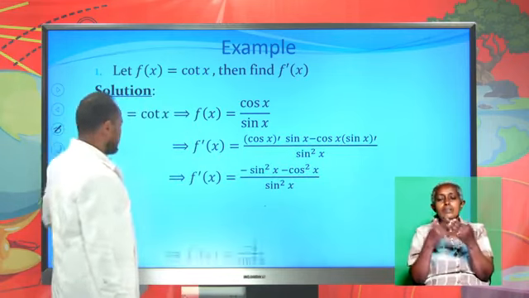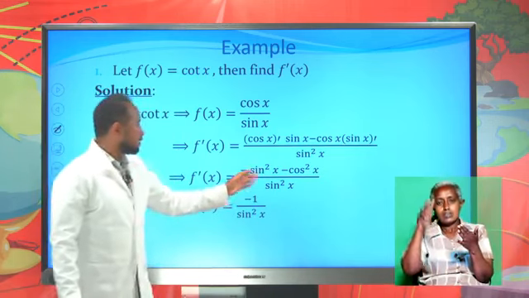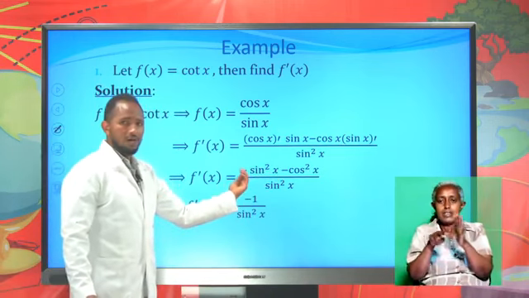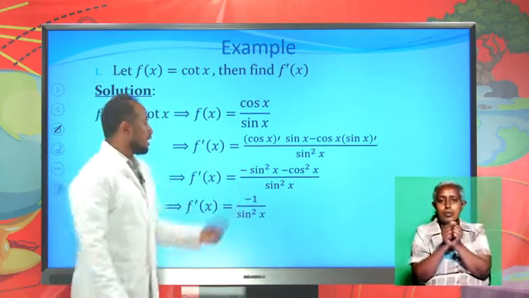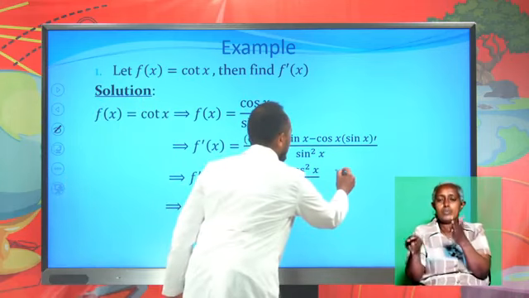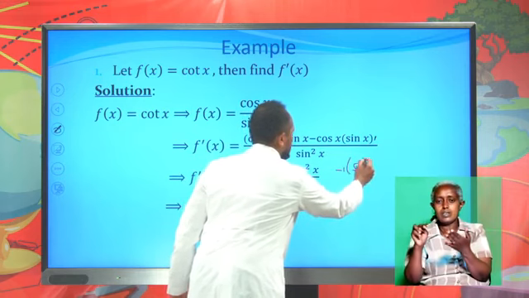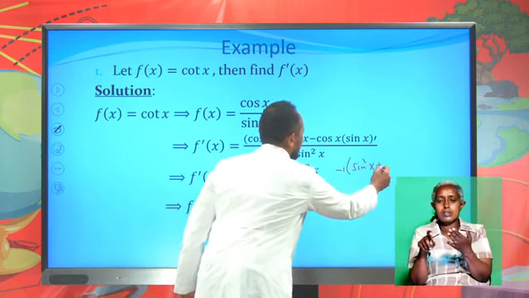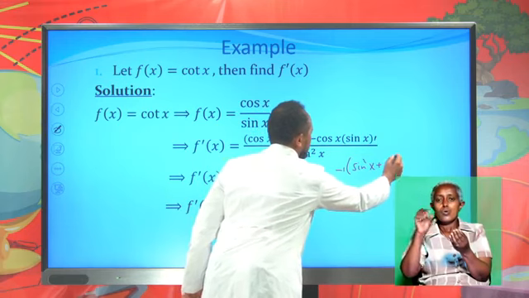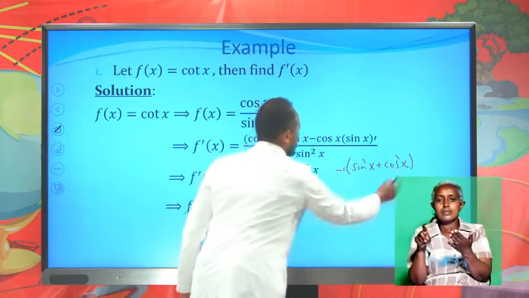Taking negative 1 outside as a common factor, you can write this as negative 1 times sine squared x plus cos squared x.